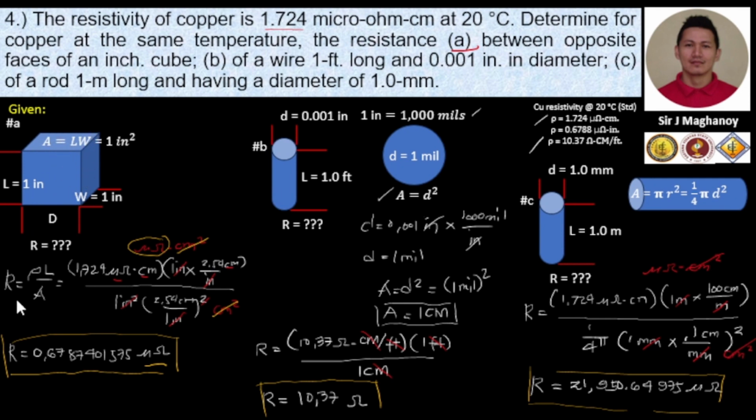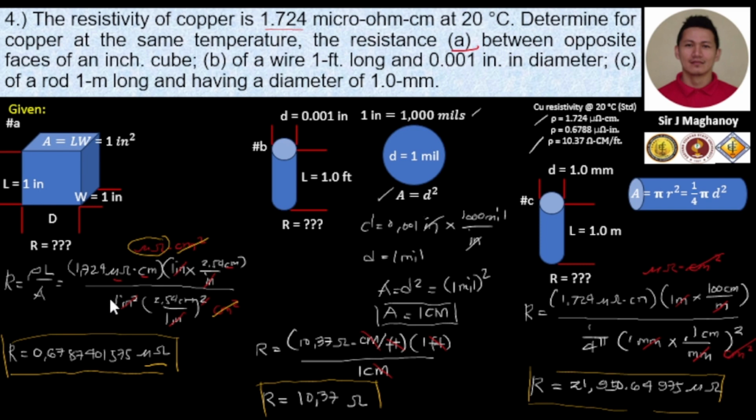Using the formula, resistance is equal to resistivity times length all over the cross-sectional area, and we use the standard resistivity for copper, which is also given in our problem, 1.724 micro-ohm centimeter. Since the length is in inches, we need to convert it to centimeter. Using the conversion, in every inch, there are 2.54 centimeter, all over the cross-sectional area.